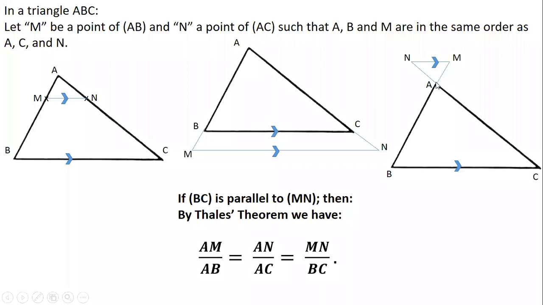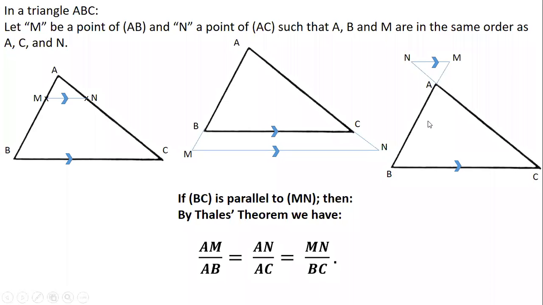Say AB over AM is equal to AC over AN is equal to BC over MN.